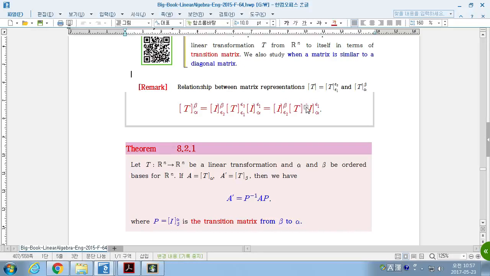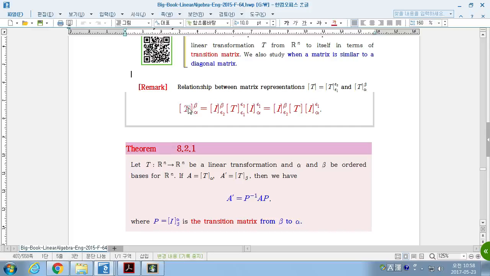In chapter 6, we learned how to find the standard matrix of a linear transformation. And in section 7.9, we learned how to find these transition matrices. Okay? And this is the relationship with the matrix representation of T with respect to the ordered bases alpha and beta.